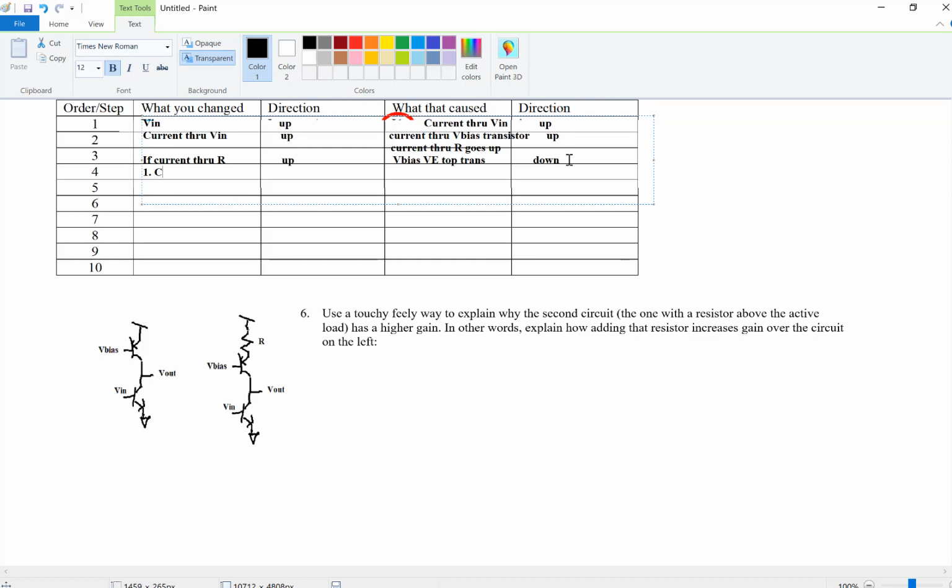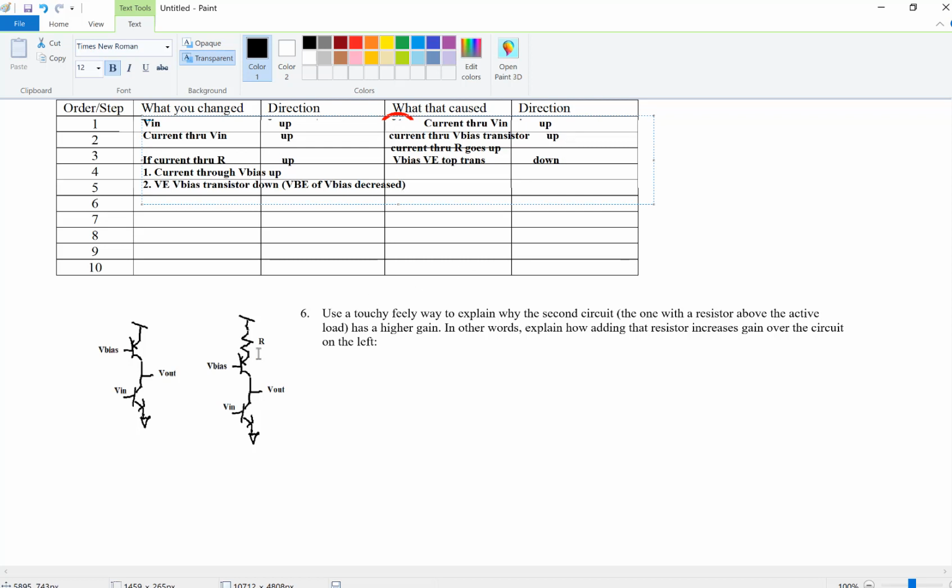Now the current through the Vbias transistor went up, and the VE of the Vbias transistor goes down, and actually I should have put a step in there, but the step would have been that VBE of the Vbias transistor decreased.